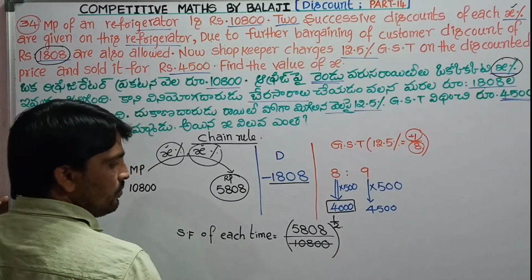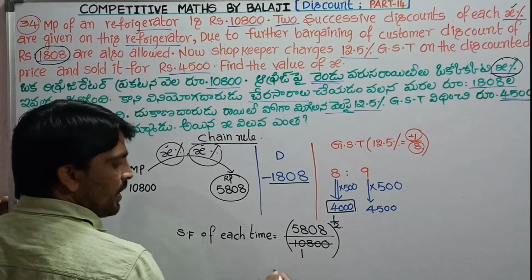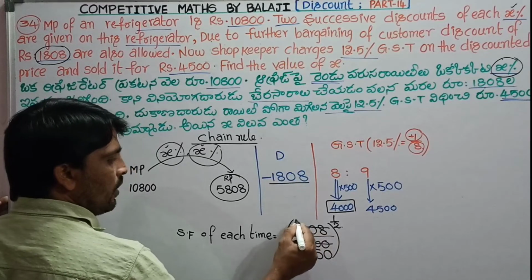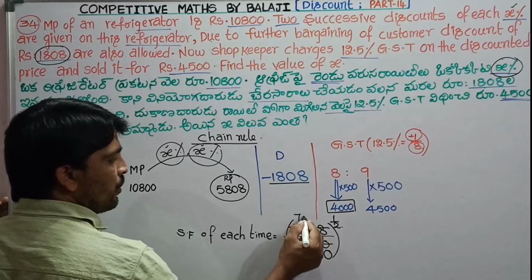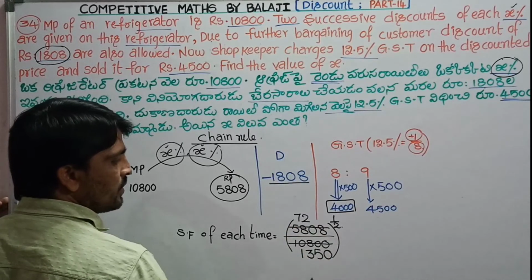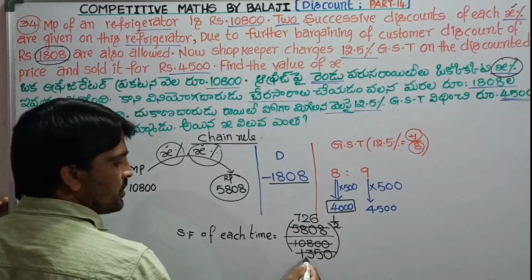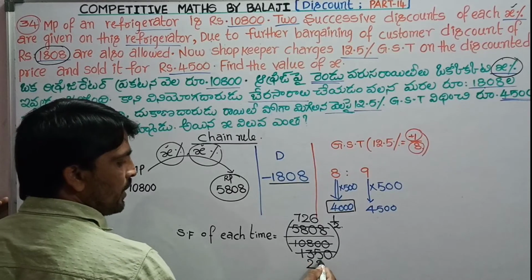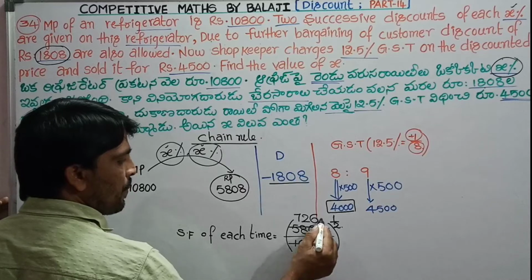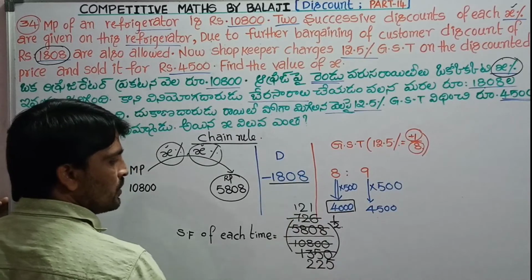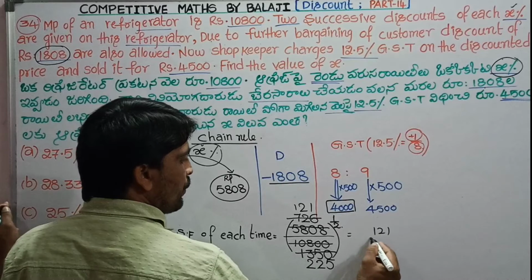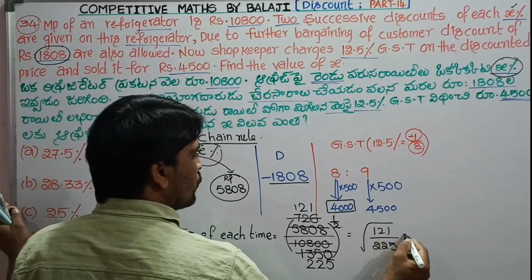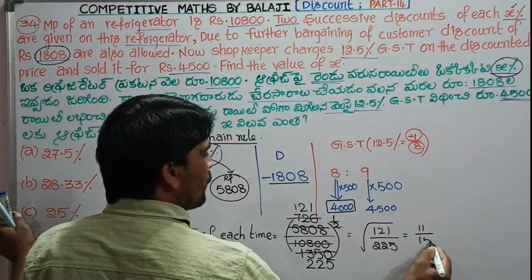Using the tables, that is 121 over 225. The power 1/2, nothing but the square root, is equal to 11 by 15.